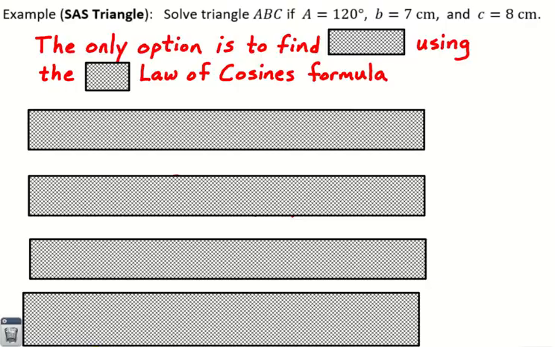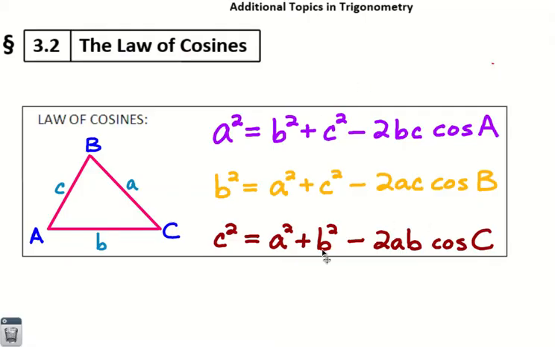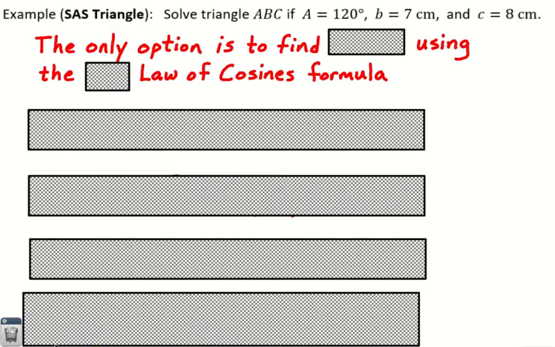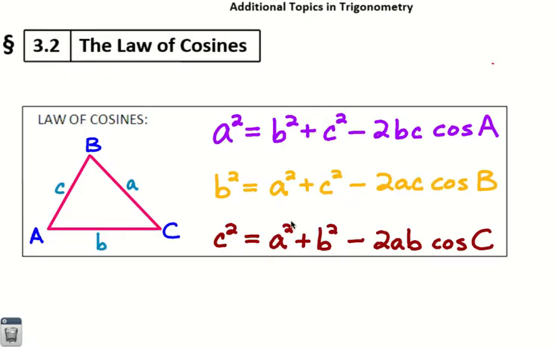The law of cosines. So looking back at your law of cosines, this first version of it, second version of it, third version of it, what could we do? What can we do with big A, little b, and little c? Well, hopefully you see that with big A, there's angle A, we're going to have to use this, right?